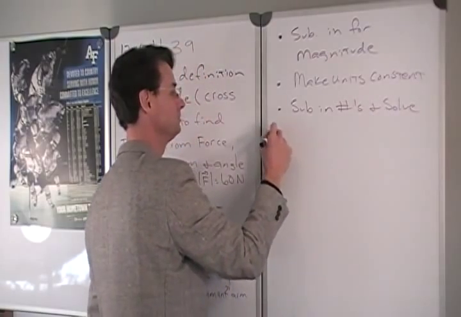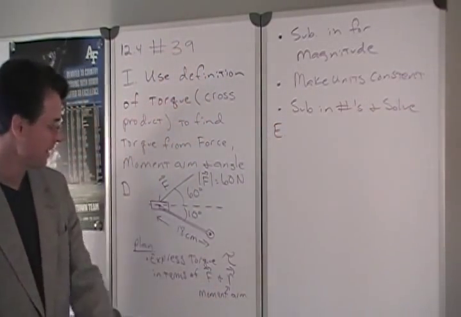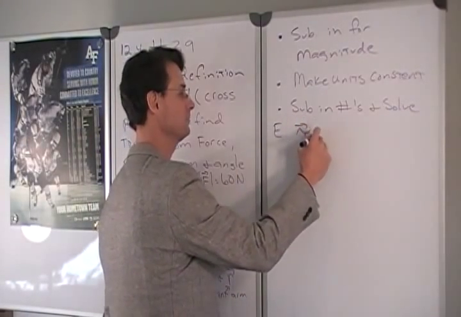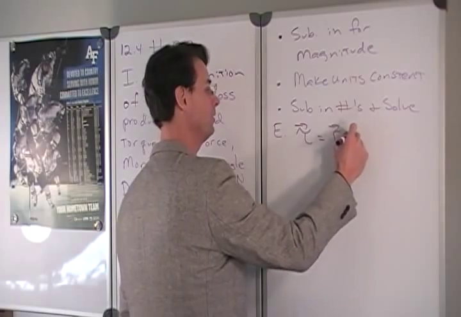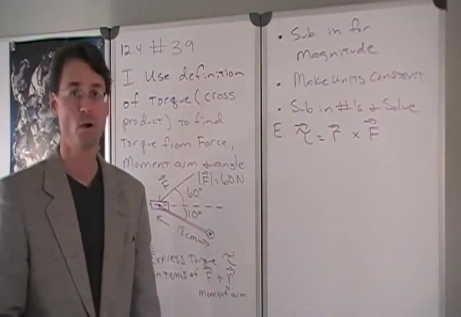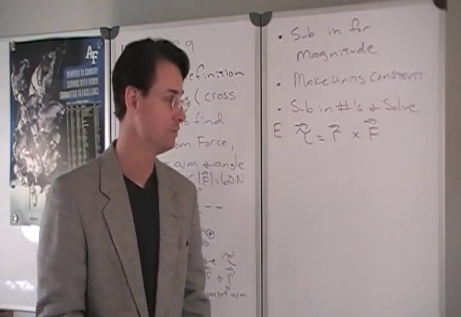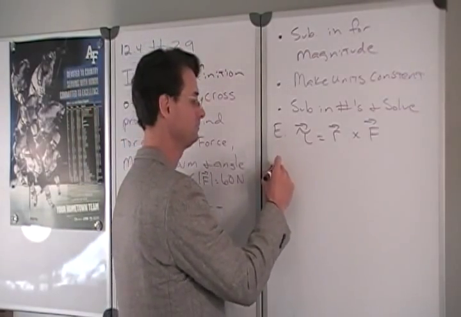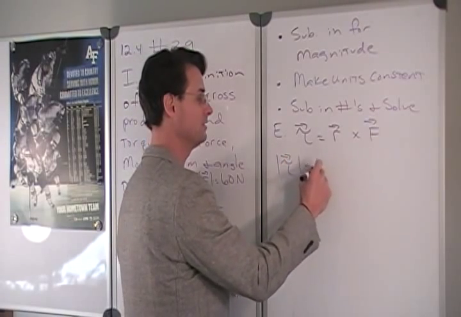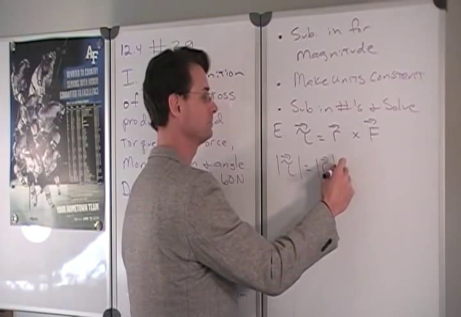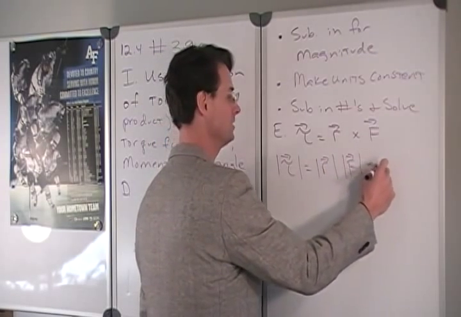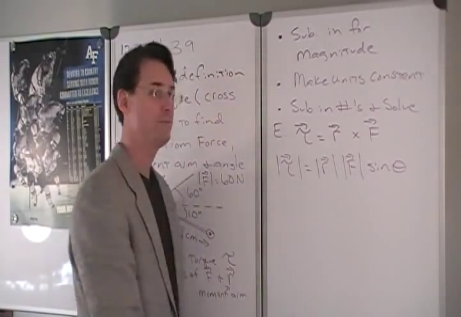Alright, now to evaluate, we can recall that the torque is equal to the moment arm crossed with the force, and this is the cross product between the two vectors. But in this case, since we're only interested in the magnitude, it's the magnitude of the moment arm times the magnitude of the force times the sine of theta.